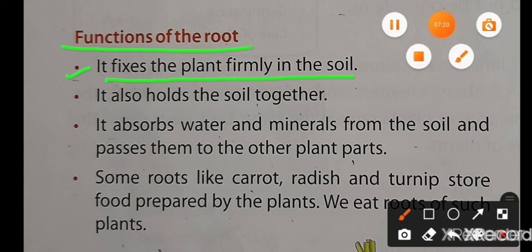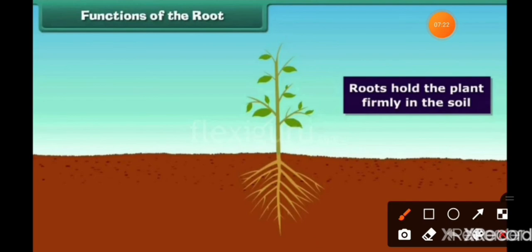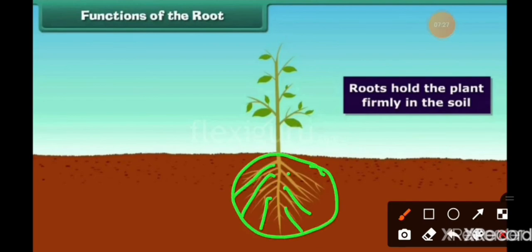You can see here in this picture, these are the roots, and they hold the soil tightly, and due to this the plant keeps straight in the soil. So the roots hold the plants firmly in the soil.